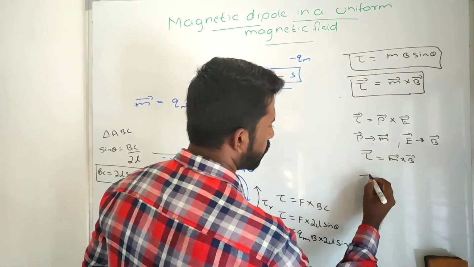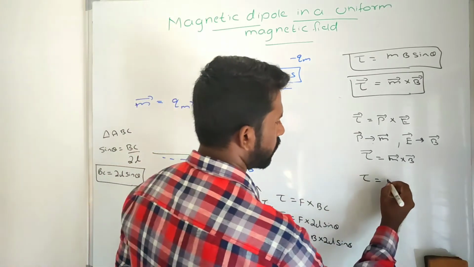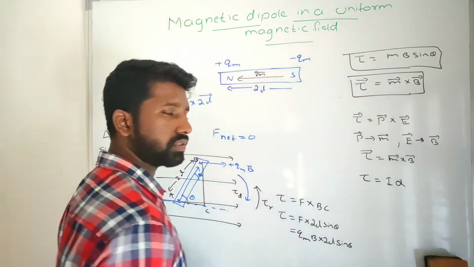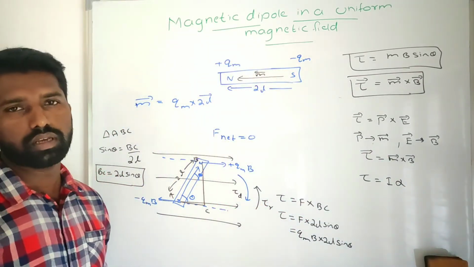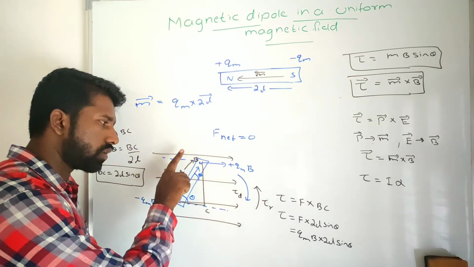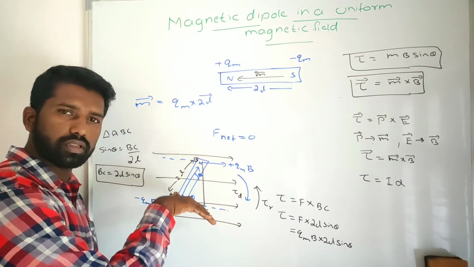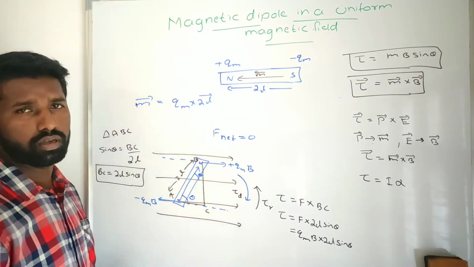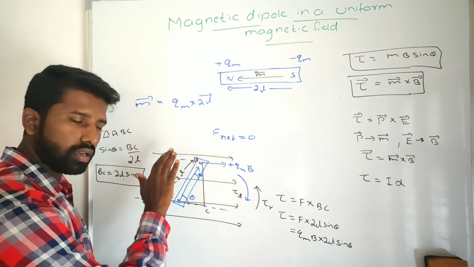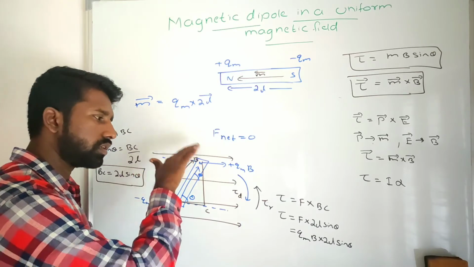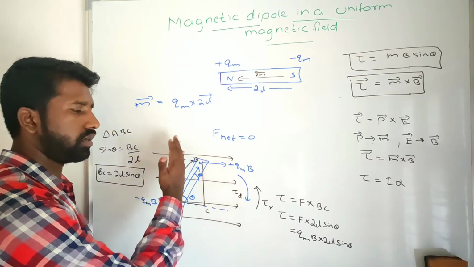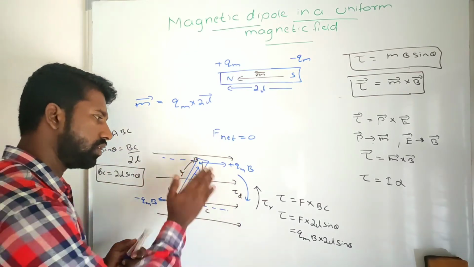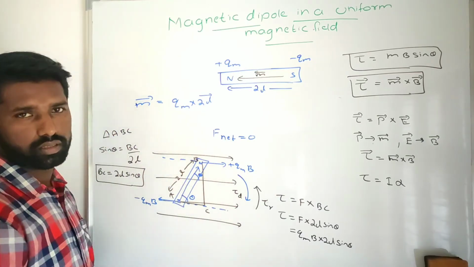The restoring torque acting on a magnetic dipole is I alpha, where alpha is the angular acceleration. So due to the deflecting torque, the dipole deflects like this, and due to the restoring torque, it tries to bring it back to the original position. Again, the deflecting torque will act, and it will come back again. That means this dipole is oscillating.